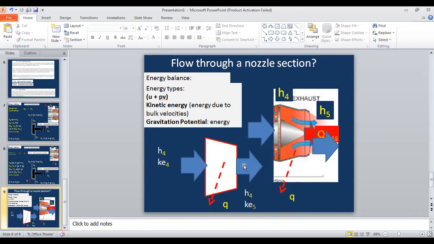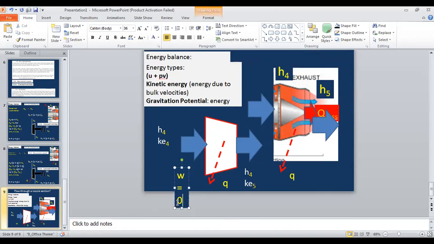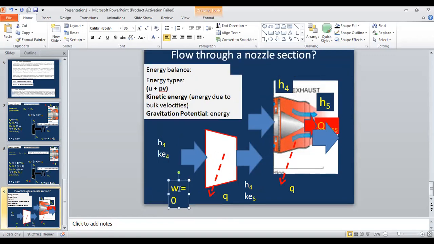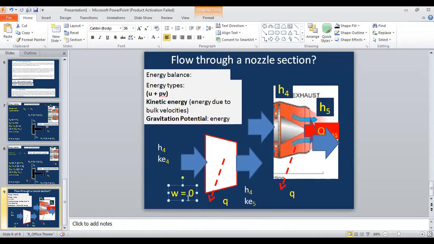But no work done because inside there are no moving parts. So W is exactly 0 from a thermodynamic point of view, let's say, because the working fluid flows through and it won't turn any moving part. W is 0. So you should notice this.